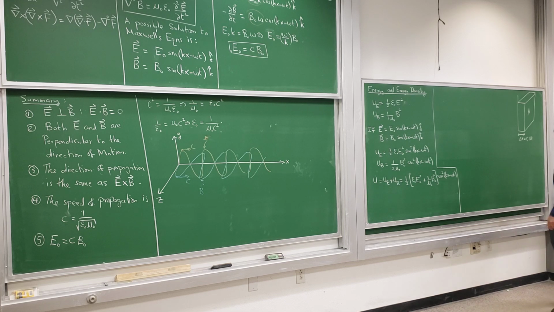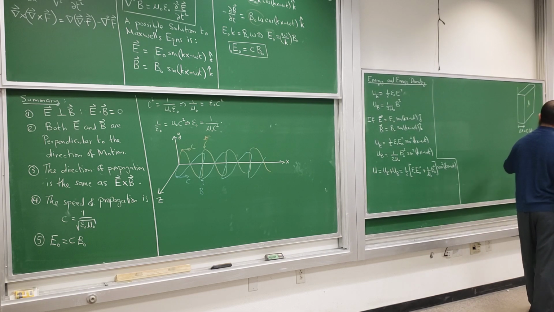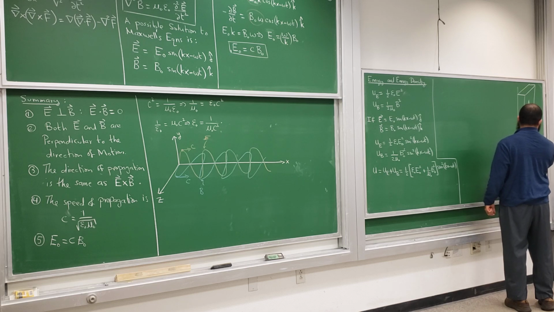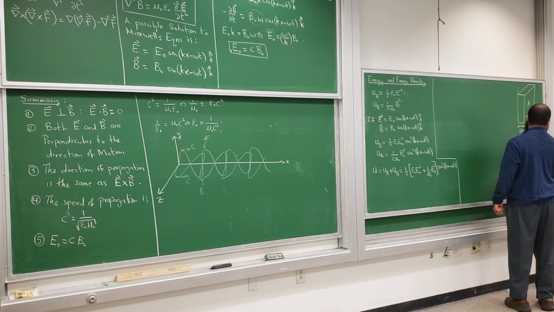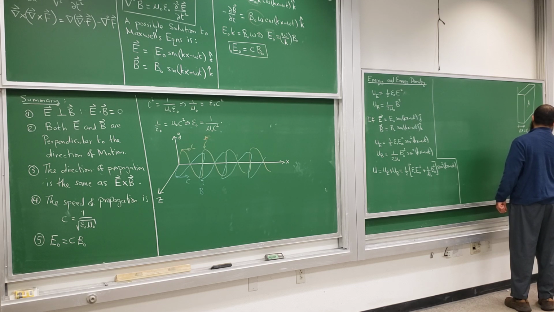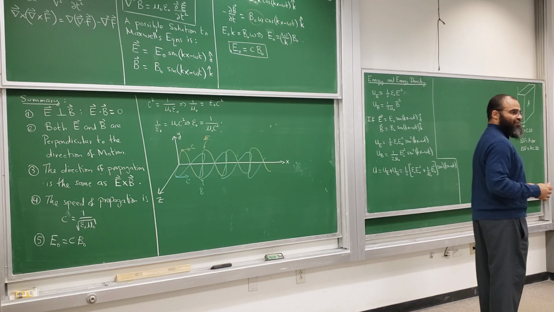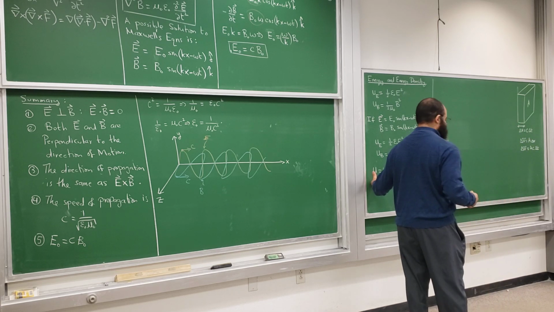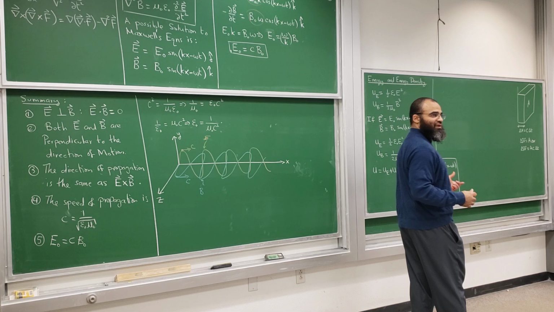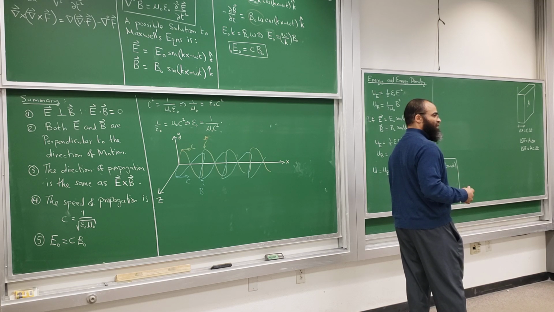What is the volume of this box? What's the volume of a box? The area times the width, or the depth. So the volume of the box, delta V, is just the area times delta x, and that is A times c times delta t. So how much energy is within this volume? Well, I can take the energy density and multiply it by the volume. That gives me the total energy within that volume.